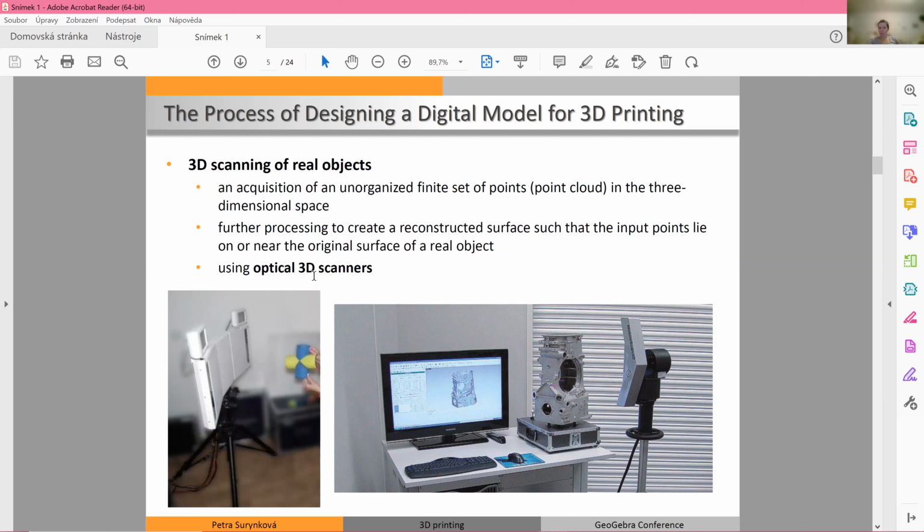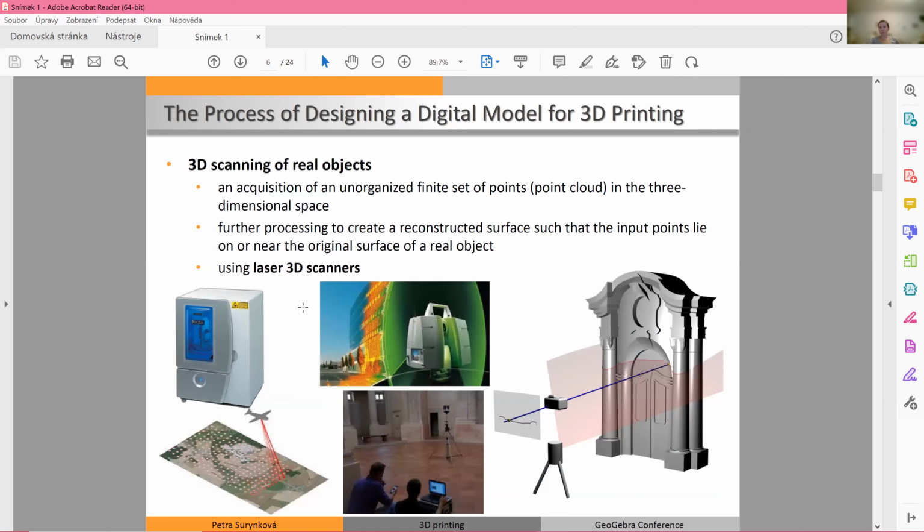And then with some other processing, we can get a digital model which is possible to print. You can also use, for example, laser scanners. This is quite interesting, but I would say a difficult topic, at least for secondary school students, because the process of getting a digital model from the point cloud that we get from 3D scanners is really quite difficult.